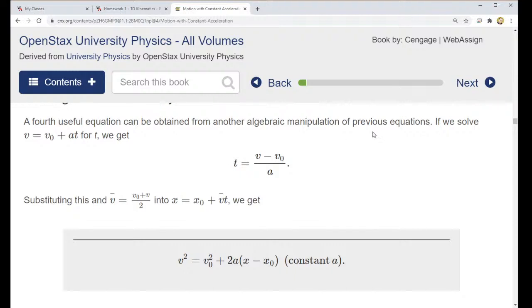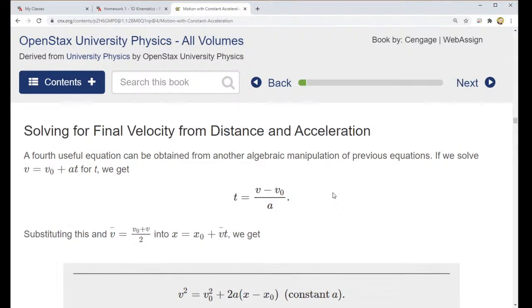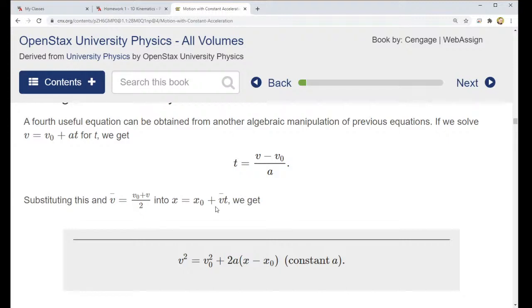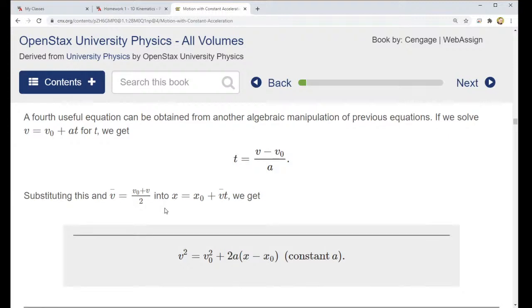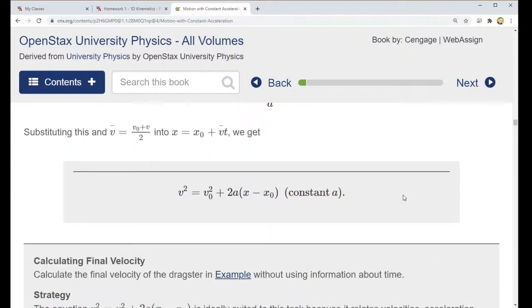All right, well, what if you don't know time? Let's use these same formulas and rearrange things. We'll solve the acceleration definition for time, then plug that into the definition of velocity, and substitute away the average velocity using this other expression for average velocity, and rearrange. You get this expression: v squared equals v naught squared plus 2a times the quantity x minus x naught.